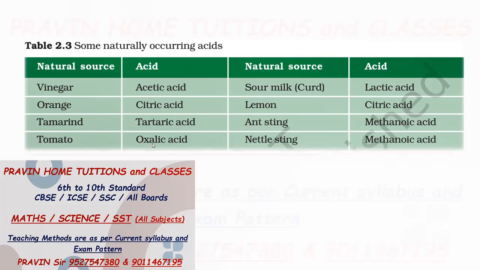Tomato, oxalic acid. Sour milk, that is curd, lactic acid. Lemon, citric acid. Ant sting, methanoic acid. Nettle sting, methanoic acid. These are some natural sources of acid. Which acid is present in which natural source is shown in this table.